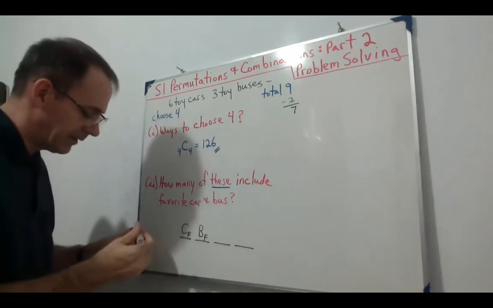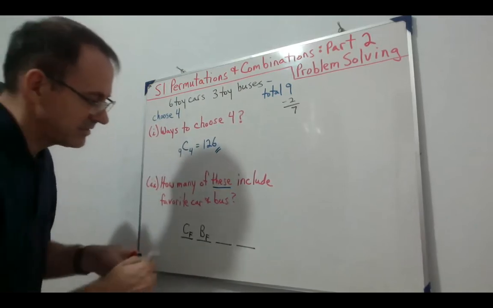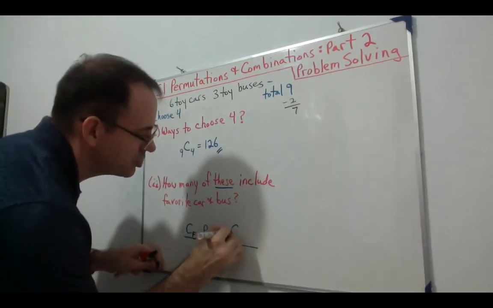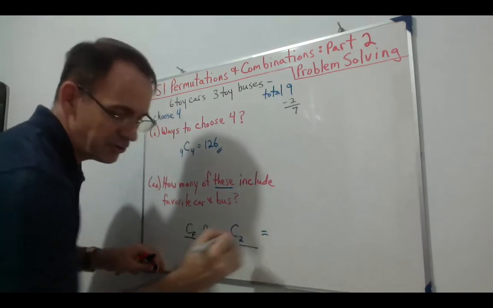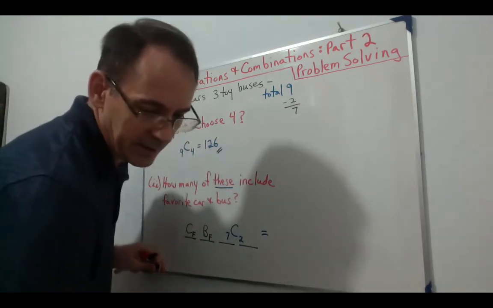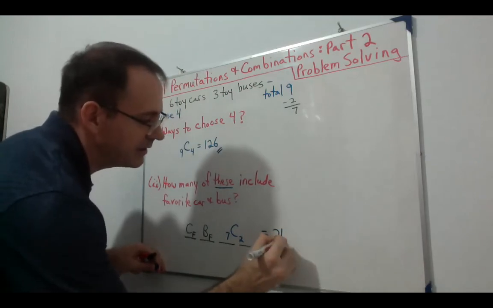So for this part here, we then have 7 vehicles, choose 2. And when we do 7 choose 2 in our calculator, we get 21.